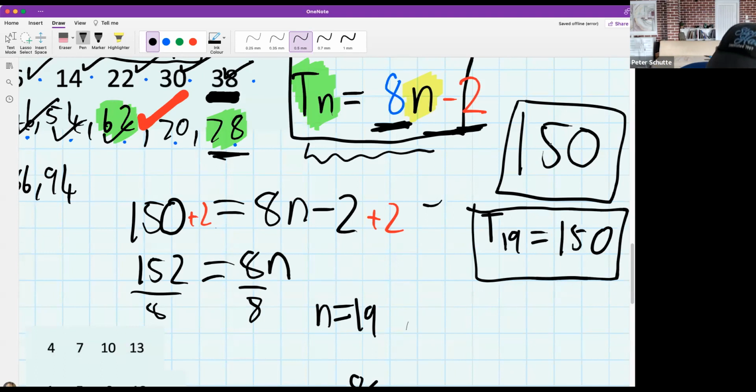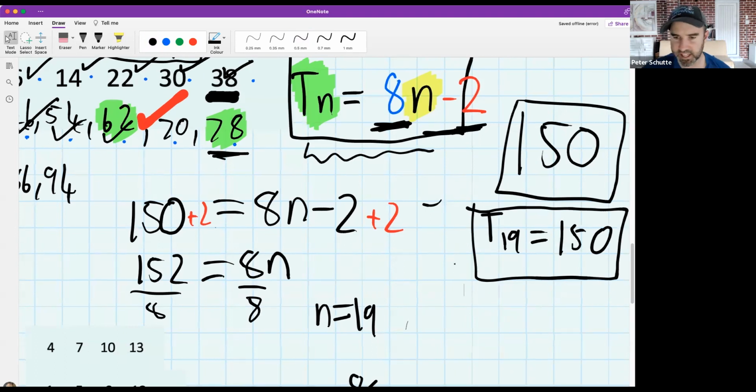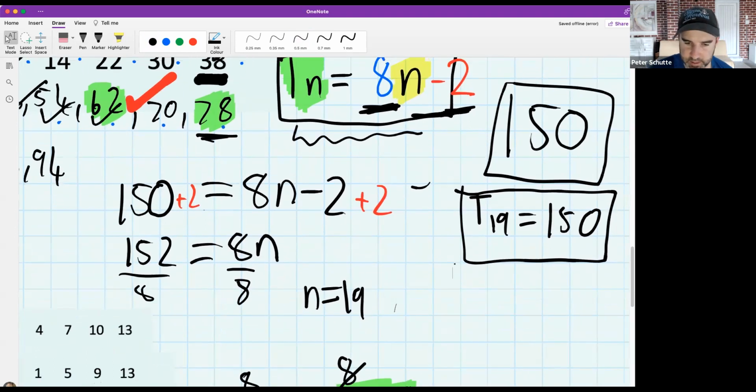Now we will start the next lesson with this, but actually, maybe I should stop there for today. I think that is enough. If I push this any further... let's do one more question like this. We're going to mimic the same process again.